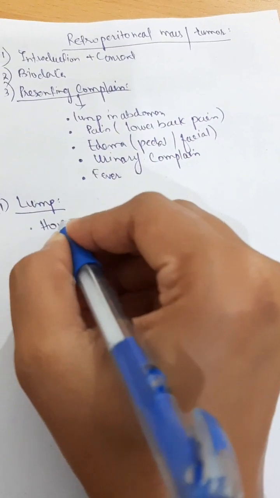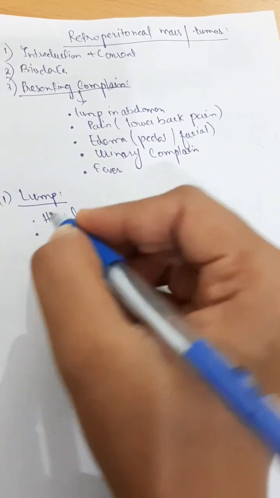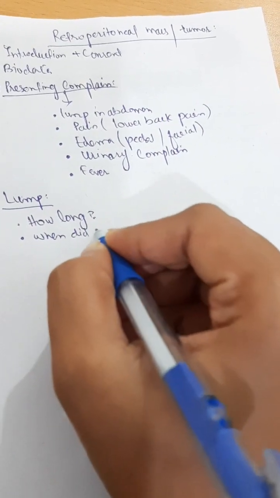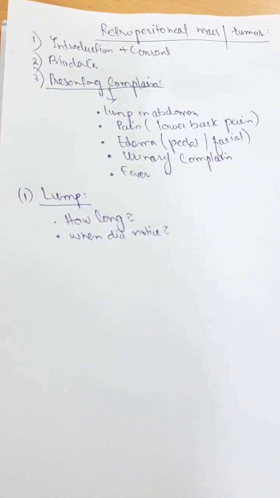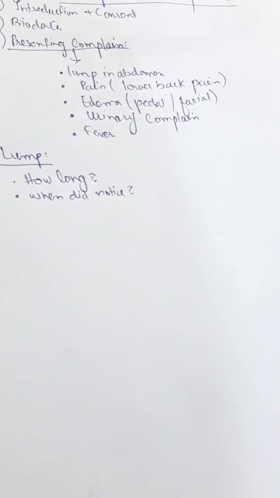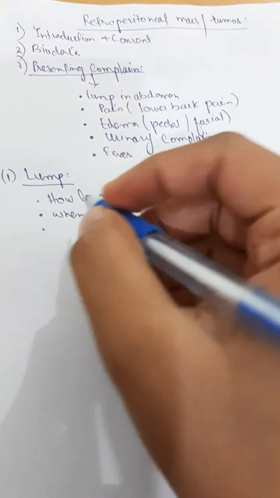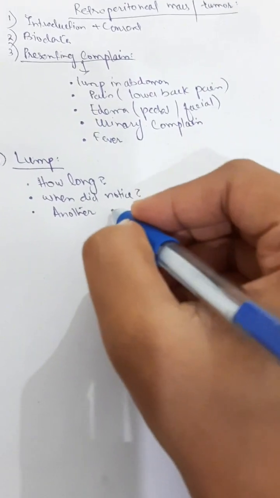For how long has the patient had this lump? When did the patient notice the lump and what was he or she doing at the time? Ask about any other lump in the body.